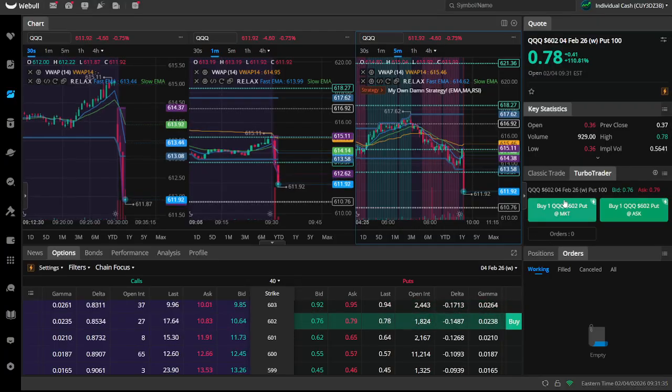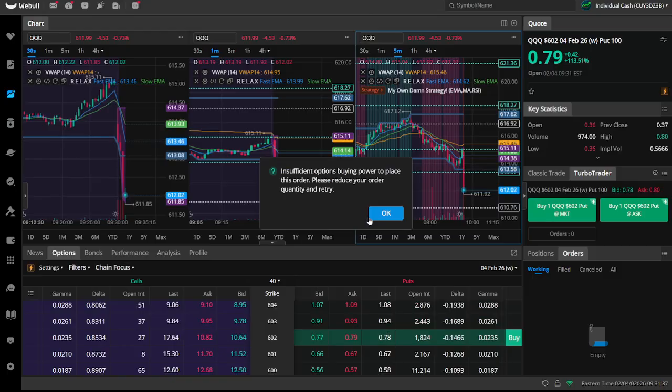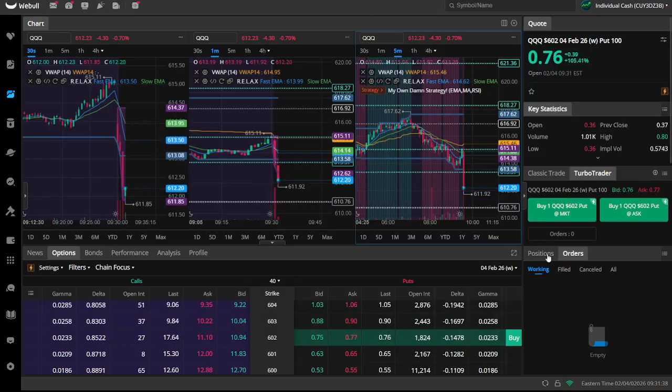Buy at market. Moving pretty quickly. Finally, I got one of my orders filled.